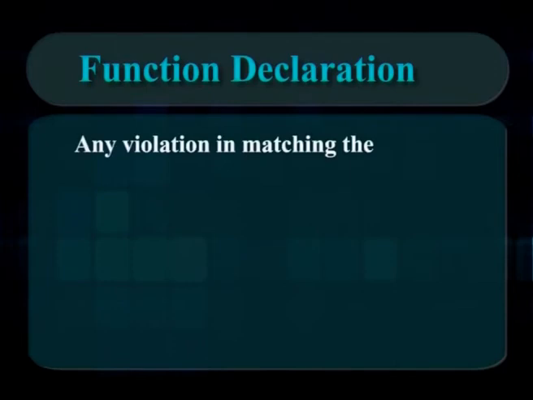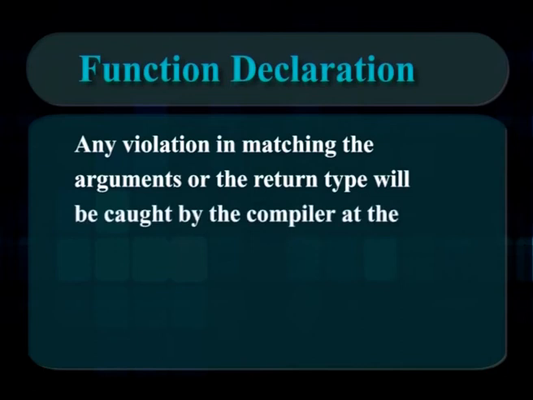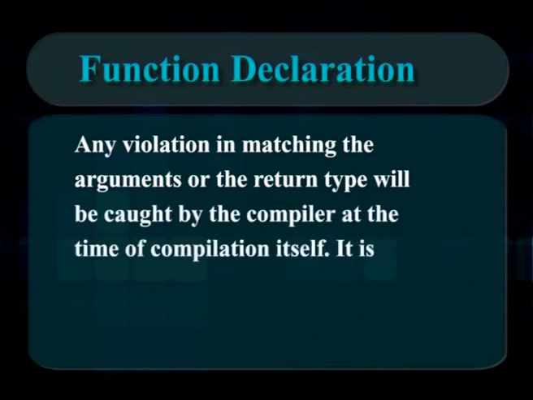It acts like a template. When a function is called, the compiler uses the template to ensure that proper arguments are passed and the return value is treated correctly. Any violation in matching the arguments or the return type will be caught by the compiler at the time of compilation itself.